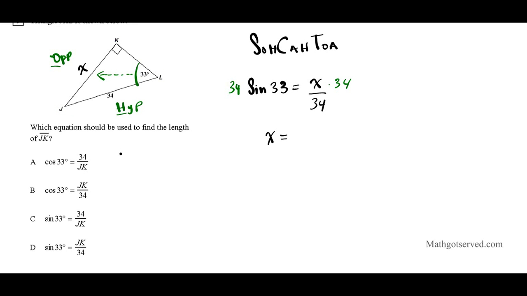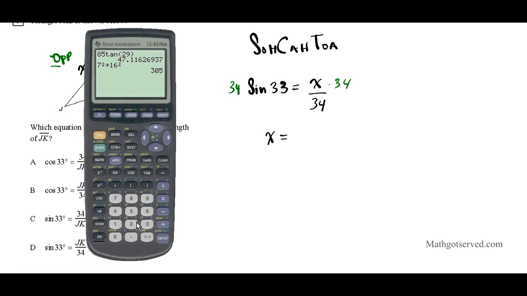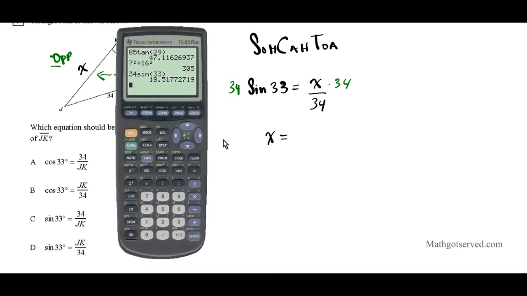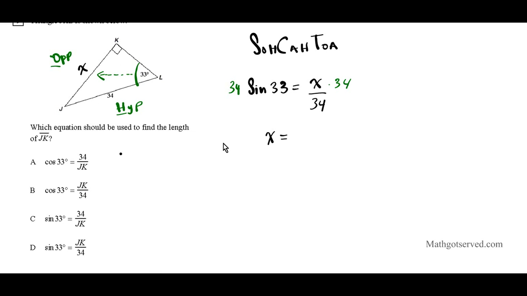Let's plug that into our calculators. 34 sine 33. Final answer is, well, actually, we don't have to solve it. We're just supposed to set it up, right? So if we just focus on the setup, there goes the setup right there. Sine 33 equals x over 34. X is JK, right?